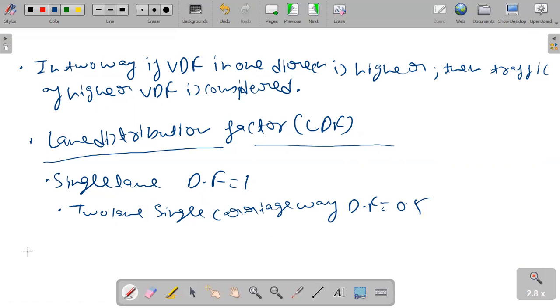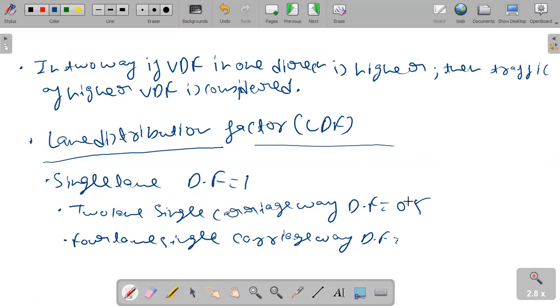For four lane single carriageway, it is 0.40.